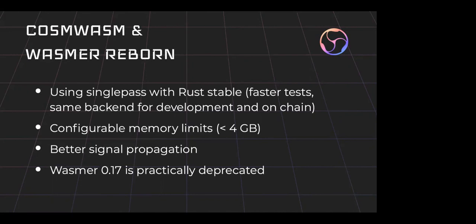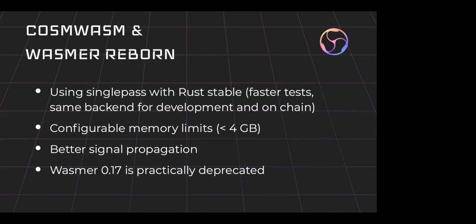We have not been able to crash any nodes with that, most likely because operating systems are able to compress memory that just consists of zeros. But it would be good to be able to configure that and have a hard limit here. Wasmer Reborn will allow us to get better signal propagation, which allows us to shut down a node, pressing Command C, in a clean way.